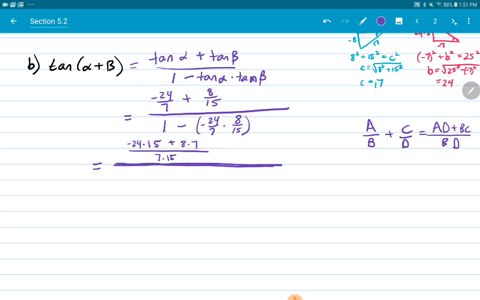In the denominator of the big fraction, I have 1 minus this product here. So 1 minus, 7 times 15 is 105, so I'm going to change that 1 to 105 over 105, so I have a common denominator so I can subtract. And then negative 24 times 8 gives me negative 192.